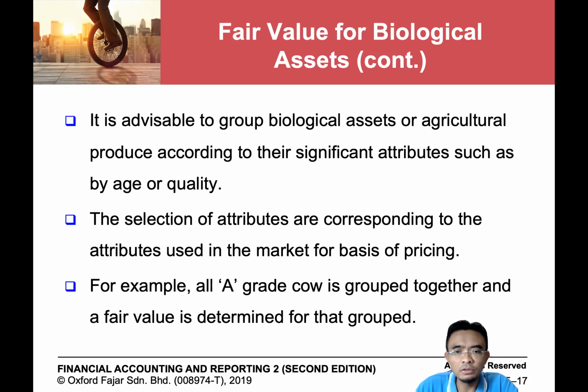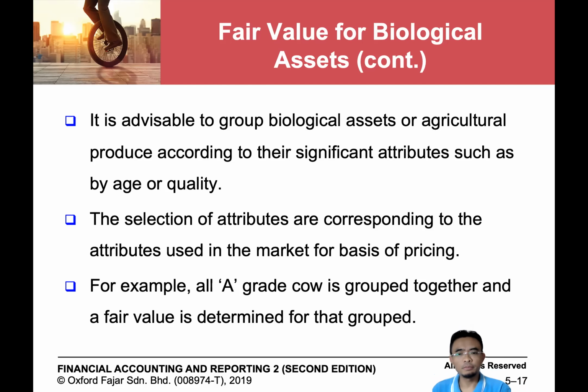And it is advisable to group biological assets or agricultural produce according to their significant attributes such as age and quality. For example, cattle, we may have mature cattle and immature ones, the young ones. It is the same with our plants, some are already mature, five years above or below five years, so we group the biological assets accordingly.